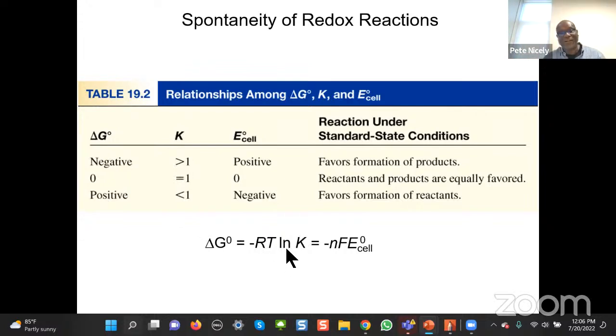If K is less than 1, ln K will be negative, delta G would be positive, and therefore the standard EMF of the cell would also be negative as a result, and therefore in this case the reactants would be favored, all right? So that's just basically summarizing the relationship between these thermodynamic quantities.